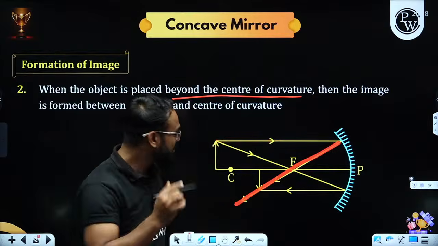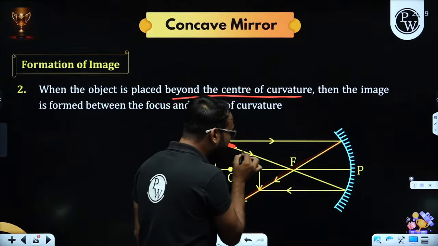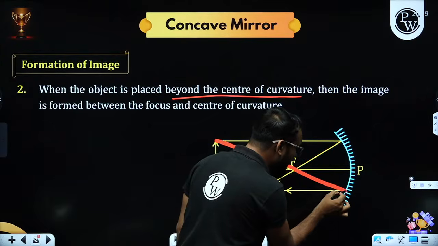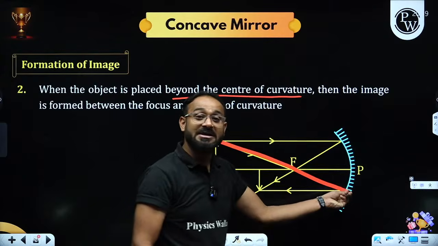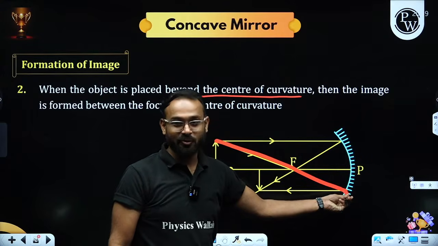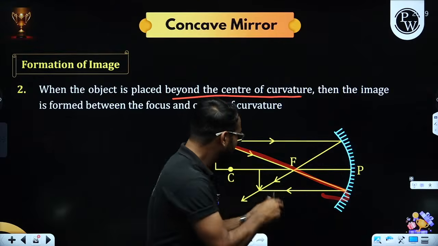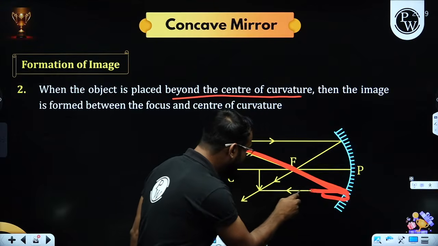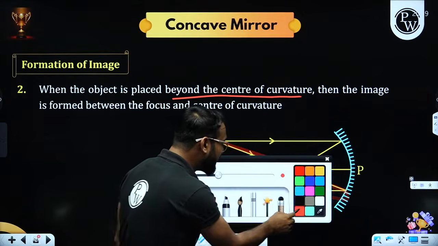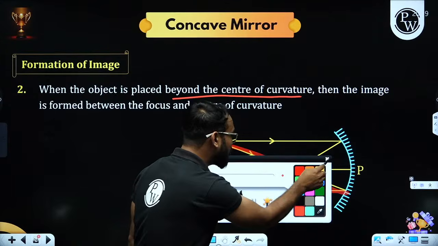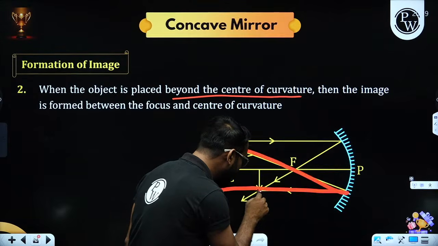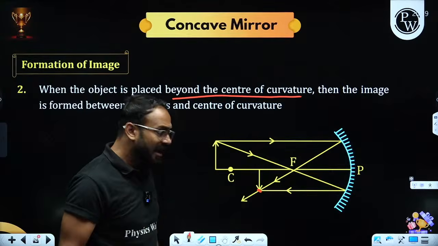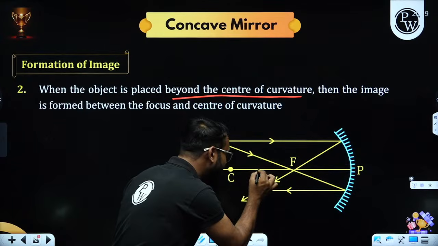Rule number one used. Second, if the light ray passes through focus, after striking, how will it pass? Sir, it will go parallel to the principal axis. So this is going parallel to the principal axis, and finally it meets at this particular point, and through this we are able to form an image.